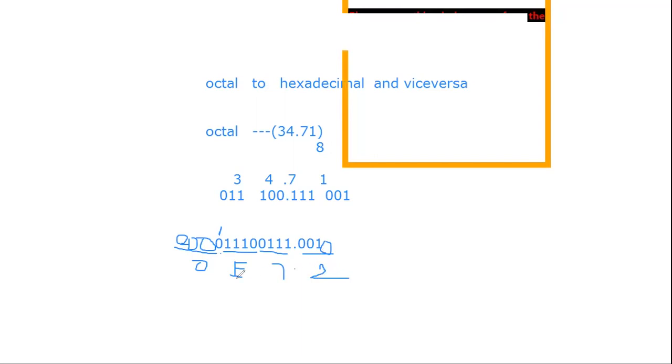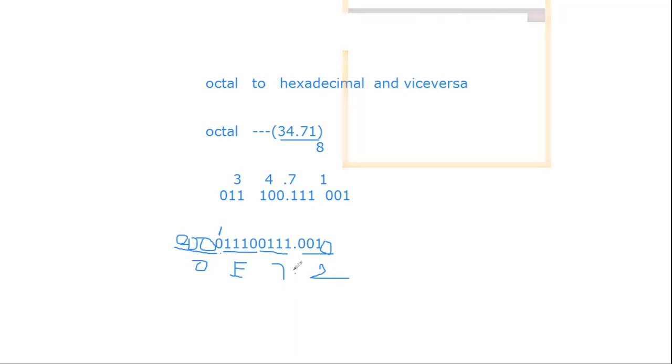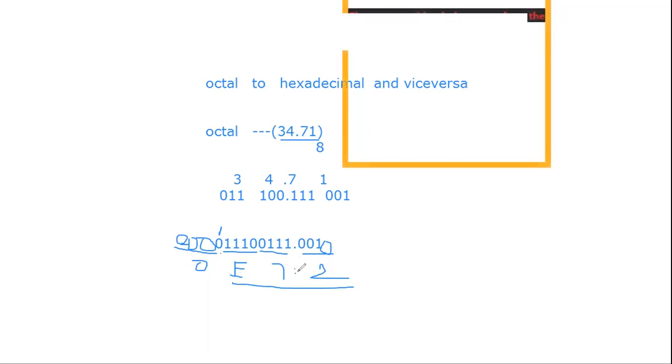So the resultant hexadecimal is E7.2. 34.71 అనే ఆక్టల్ నంబర్ ని హెక్సాడెసిమల్ లోకి కన్వర్ట్ చేస్తే మనకి E7.2 వచ్చింది. In this way we are converting octal to hexadecimal.